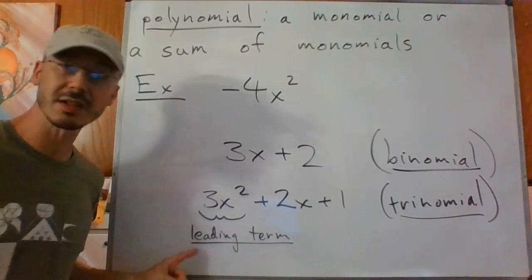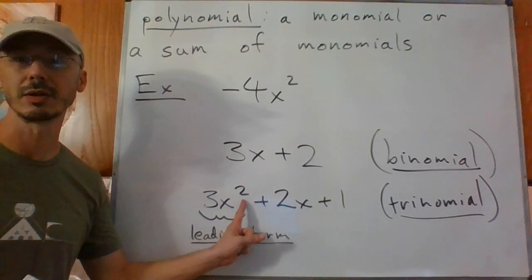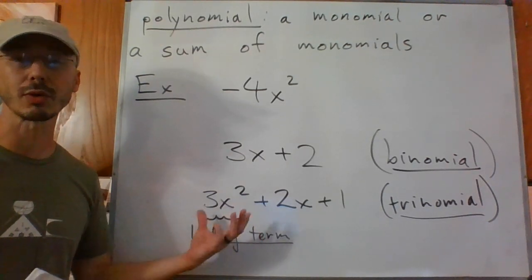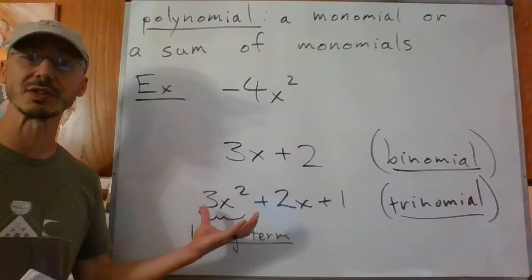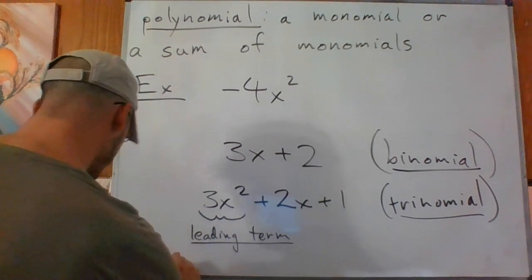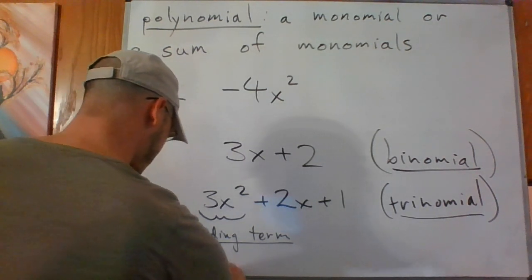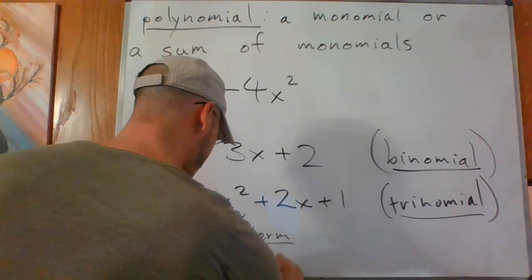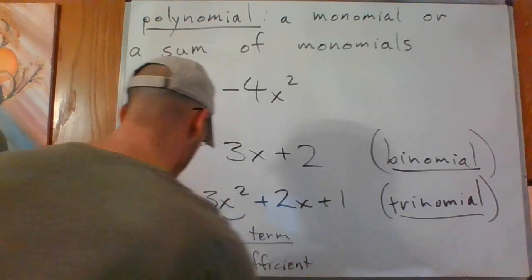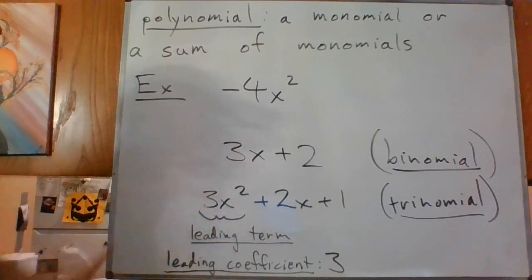And it's not because it's in front, it's because it has the highest power. To write them in descending order means to put the leading term first. And that's how this is written. The leading coefficient in this case is 3. It's the coefficient of the leading term.